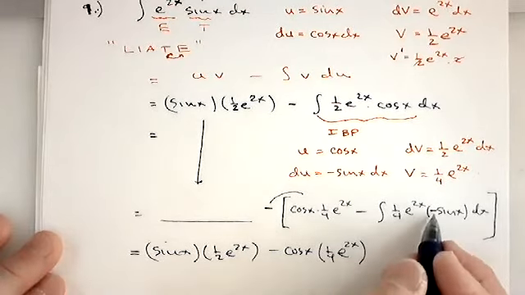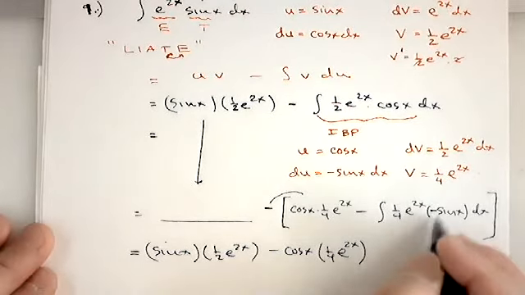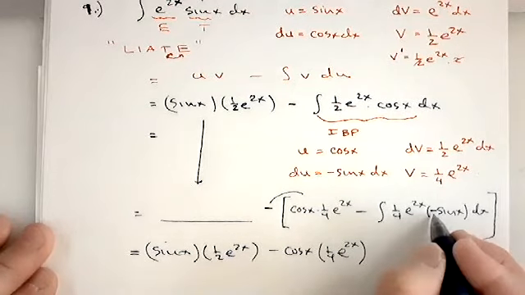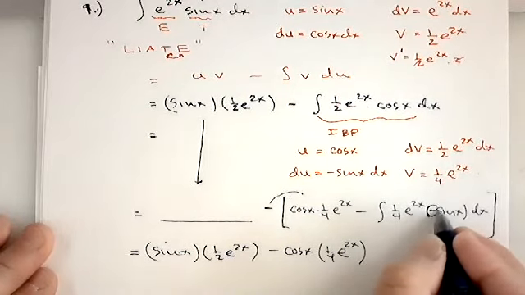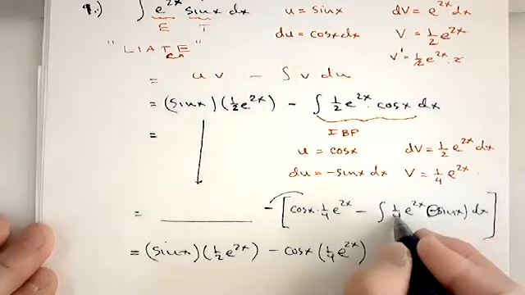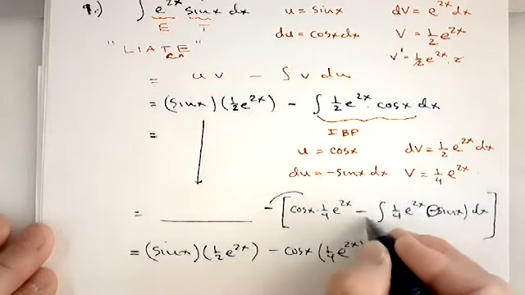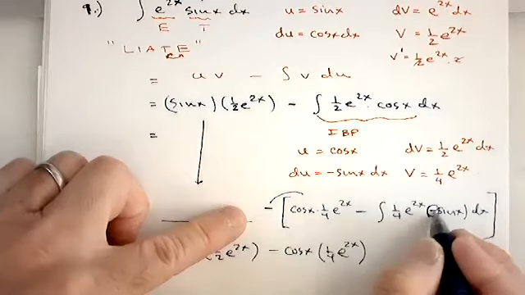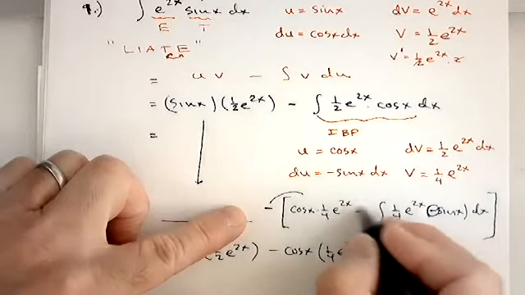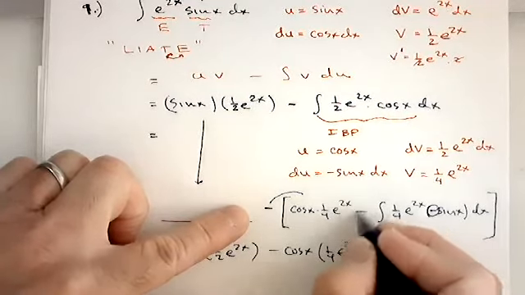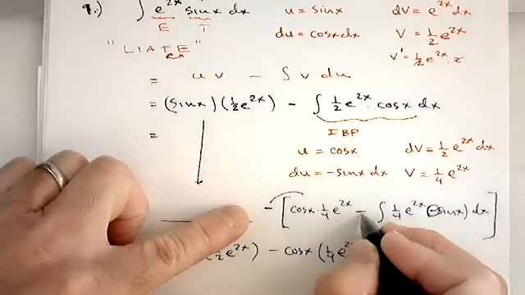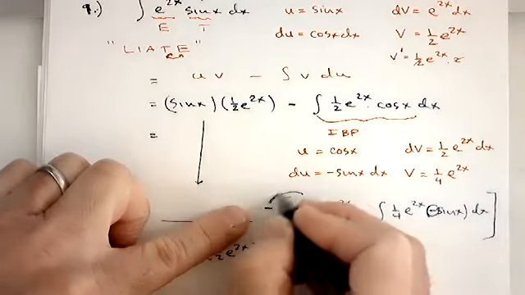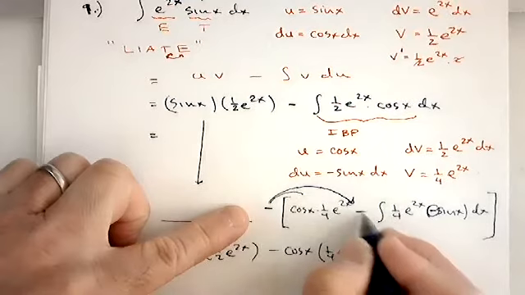Okay, ready? I'm going to do a bunch of things here, because it's going to take too long. If everybody watching here, this negative and the 1/4 can come out. And if the negative and the 1/4 comes out and there's already a negative there, that's going to be positive 1/4, right? But then I'm about to distribute this other negative.